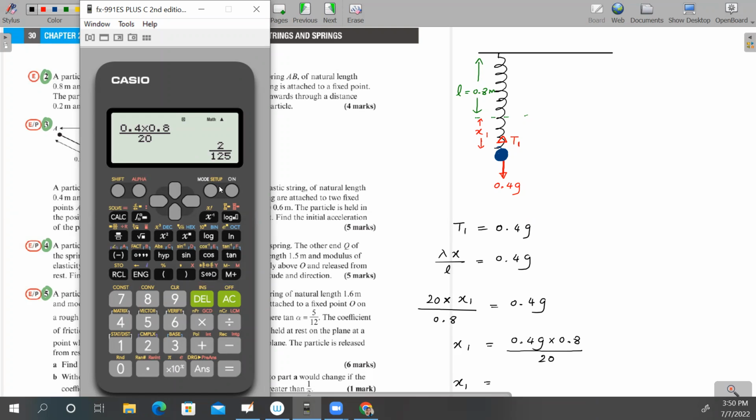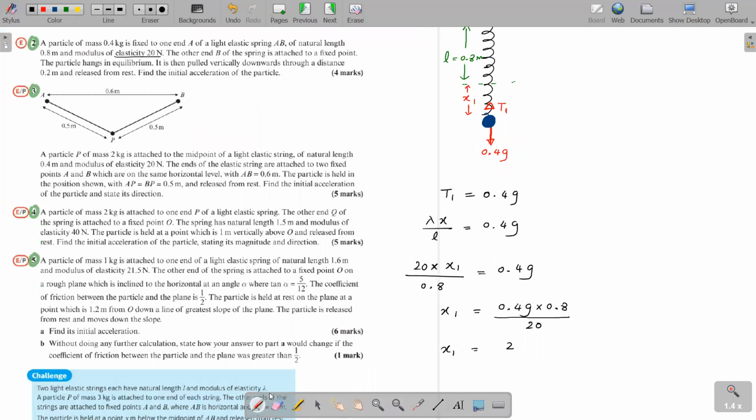Yeah, 0.016, or 2 over 125, with the g. So it's 2 over 125 g. Do you agree that this is the amount, in meters, that the spring is displaced under the weight of the particle?